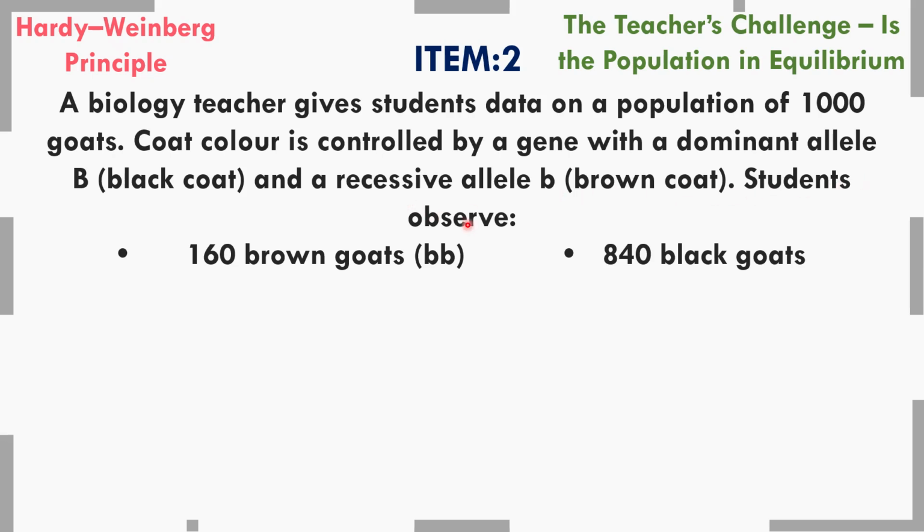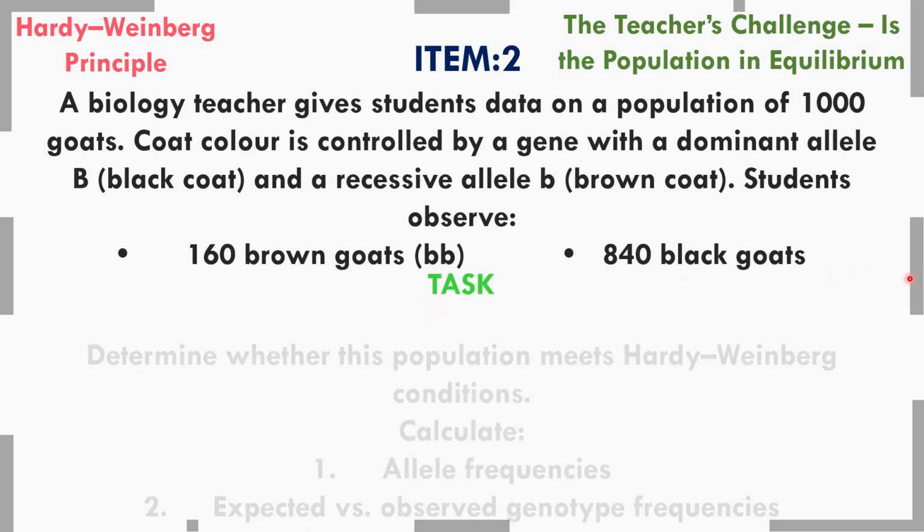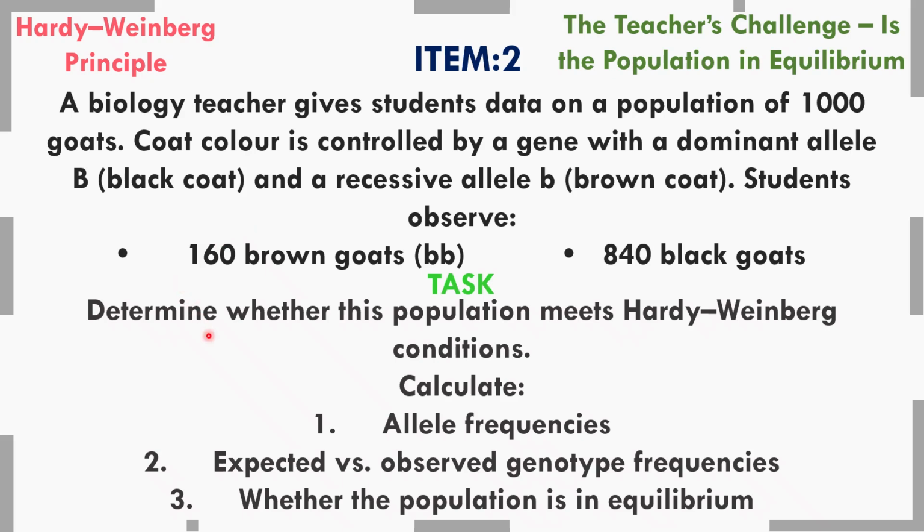Students observe 160 brown goats, small b, and 840 black goats. Task: determine whether this population meets the Hardy-Weinberg conditions.